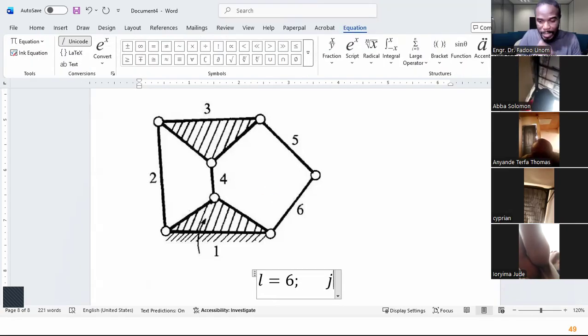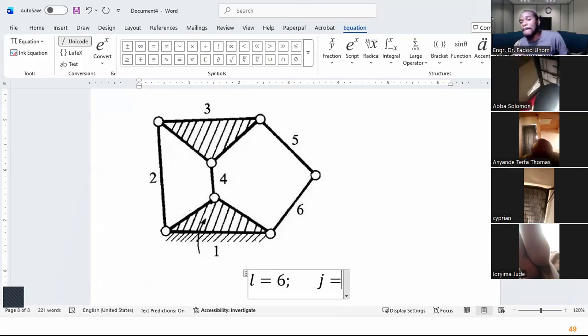How about binary joints? Let's check. This joint here is a binary joint because it connects link 6 to link 1, right? This joint here is binary because it's connecting link 5 and 6. This joint here is also binary. That's the third one because it's connecting only link 5 to link 3. This one here is the fourth binary joint because it's connecting link 3 to link 4.